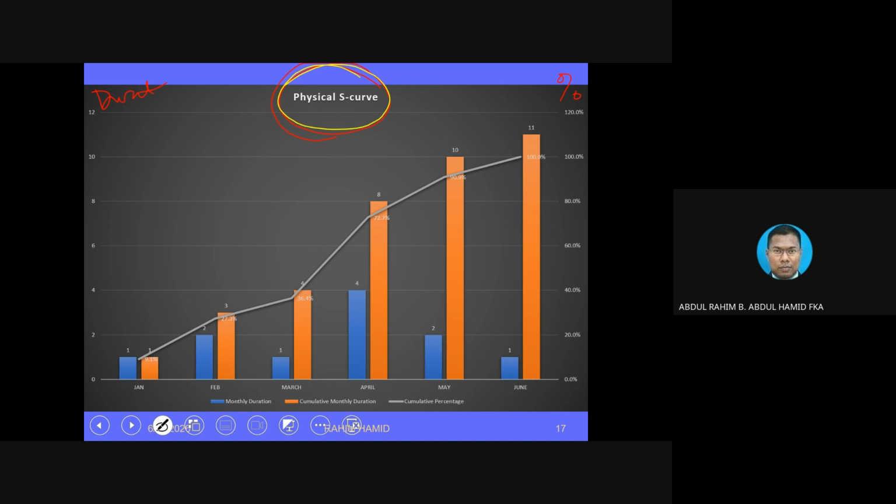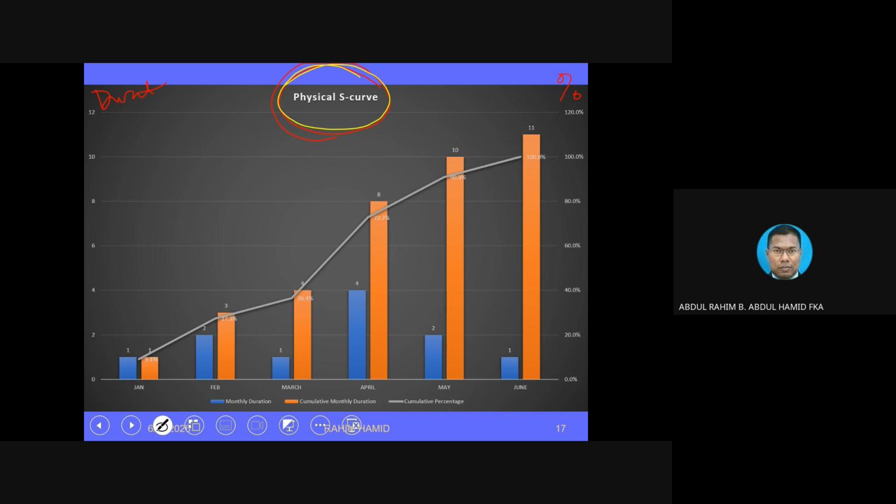On the last day of the semester, we are going to demonstrate Microsoft Project. One of the things that we are going to generate is the financial S curve and physical S curve. Once we update the project and do project tracking, you are going to see we can come up with the plan S curve and then the actual S curve.